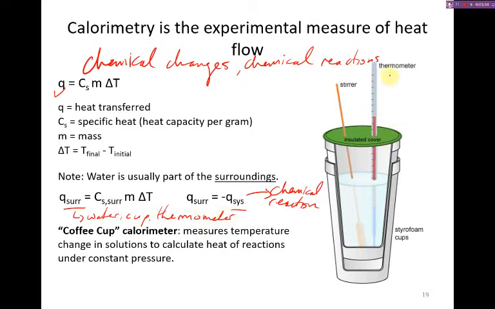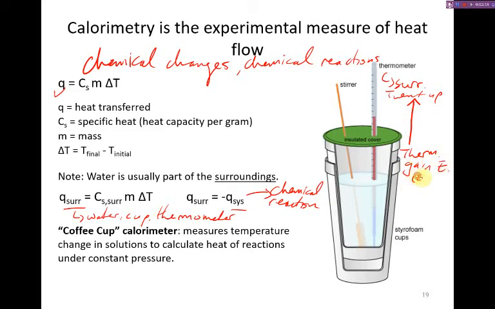So remember that since the thermometer is part of the surroundings, when the thermometer sees that the temperature goes up, the thermometer gained that energy.